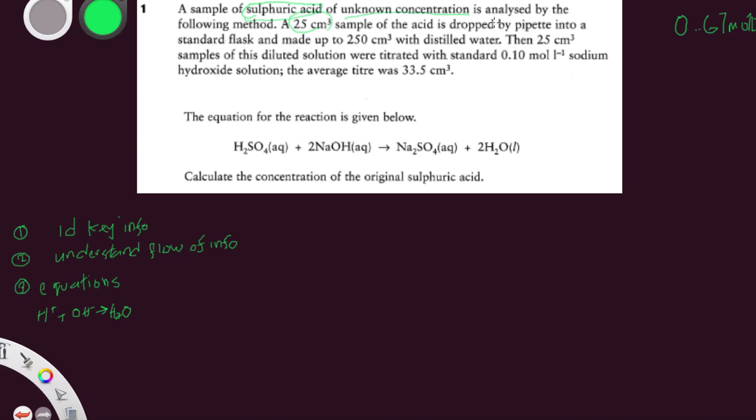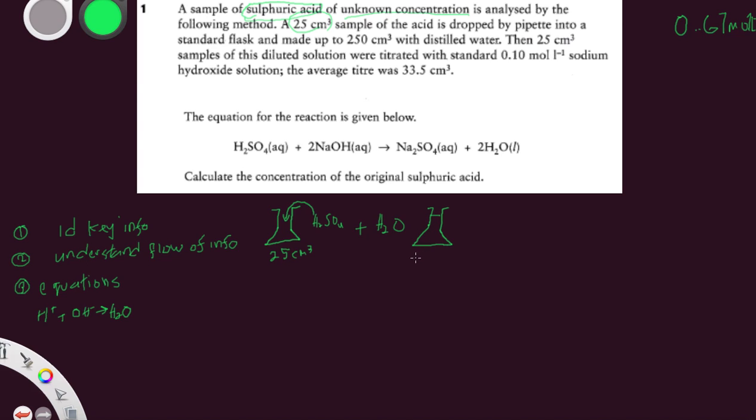It's dropped by pipette into a standard flask and made up to 250 cm³, which means if I were to give you a simple drawing of what has happened, they've put 25 cm³ of acid, H2SO4, into this, and then they have topped it up with water to make up 250 cm³ of total solution.